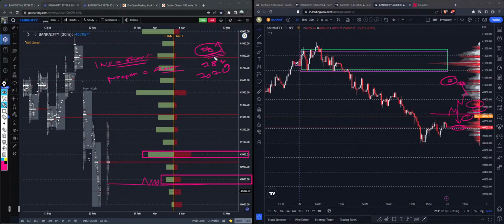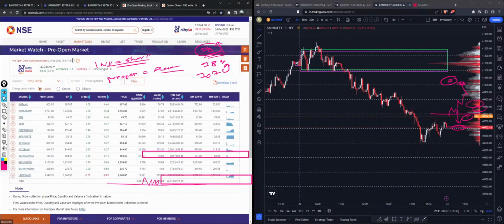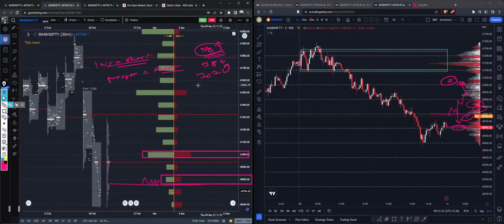Let me see the exact numbers. Yeah, 83 points, just 0.2%. And HDFC is negative. So supply is present in the current auction. Let's see how the supply comes in at 4800. So that's the overall plan I have.